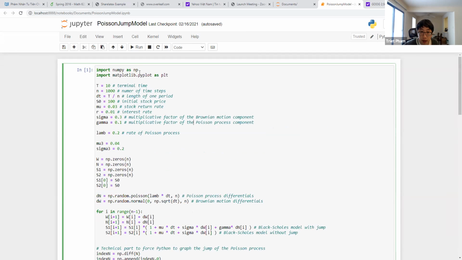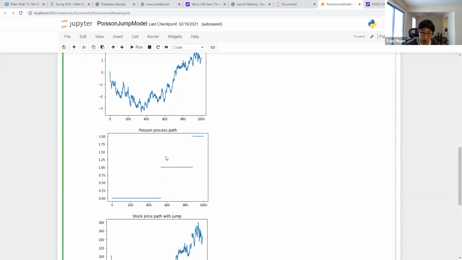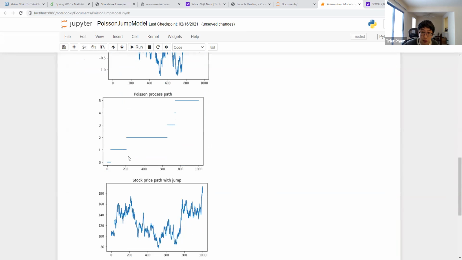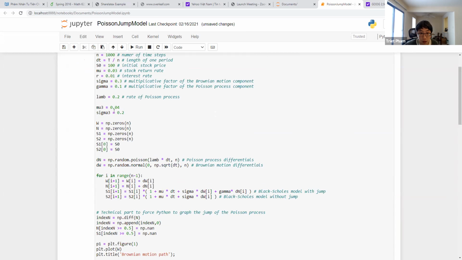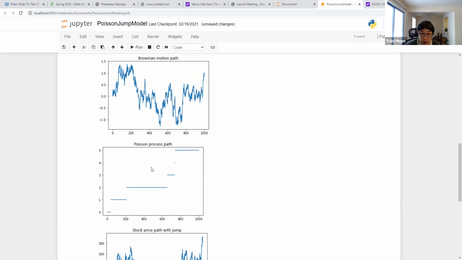So let's run again. And notice, first of all, if I run again with the same parameter, this will change. You see? Suddenly I pick up more jumps. It's randomness. On average I should have 2 jumps out of 10 units of time, but somehow I pick up more jumps here.